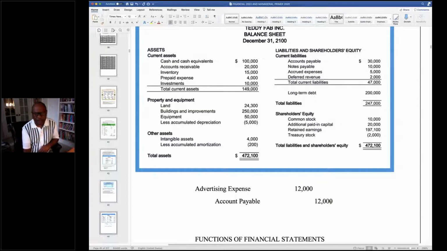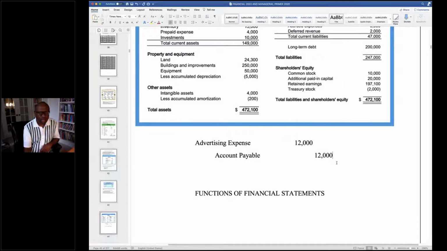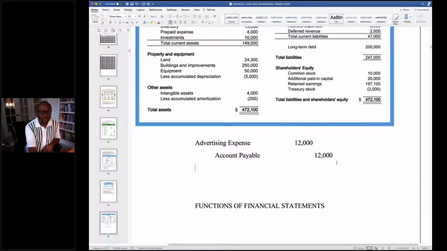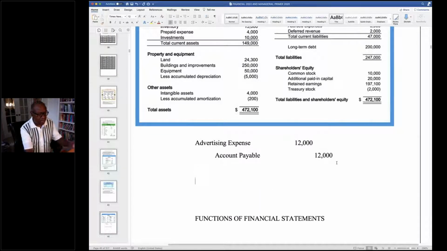So that's what you gave up. They did advertising for you, you created a liability. So two things happen. The advertising expense now is on the income statement. The accounts payable is here. Eventually, we're going to come around and pay this liability.